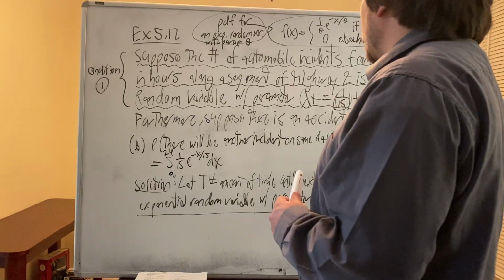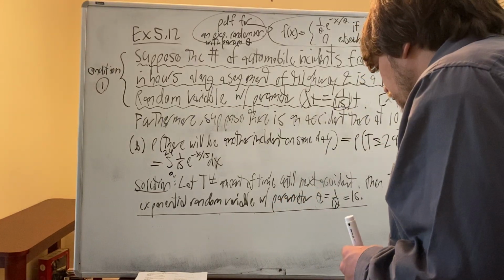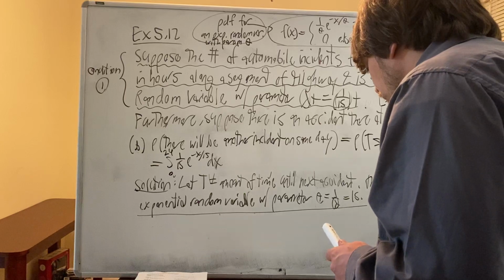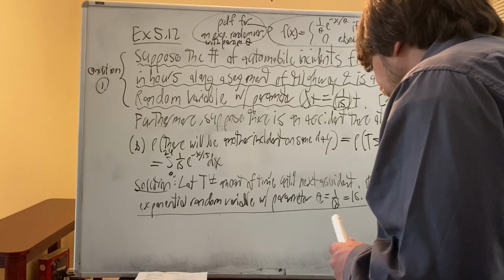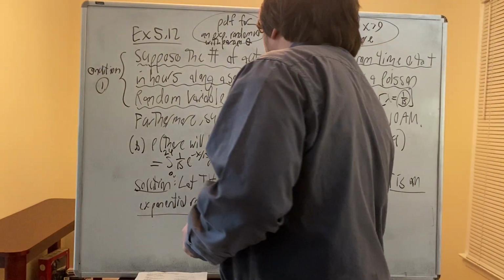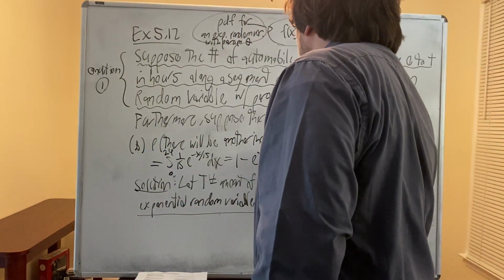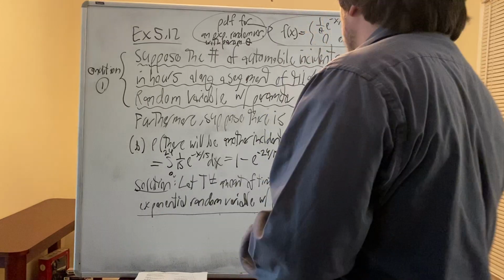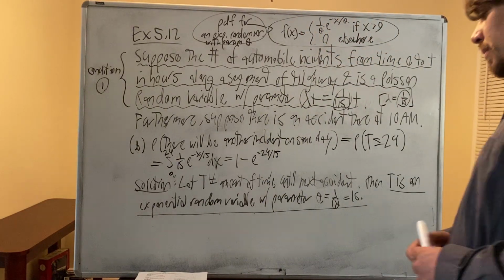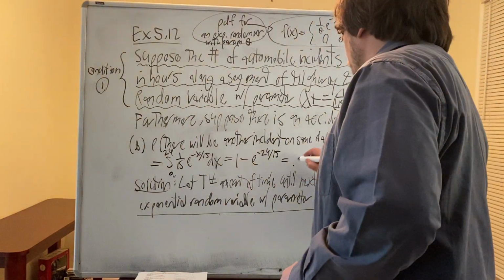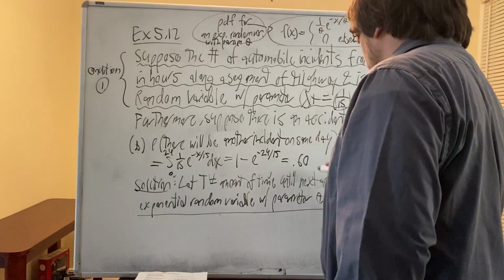Oh, negative x over 15, yeah. Okay, and that's equal to 1 minus e to the negative 24 over 15. And that's equal to 0.6068.